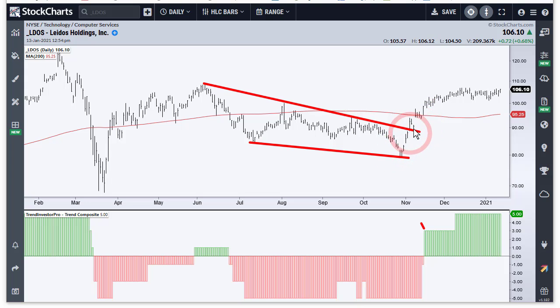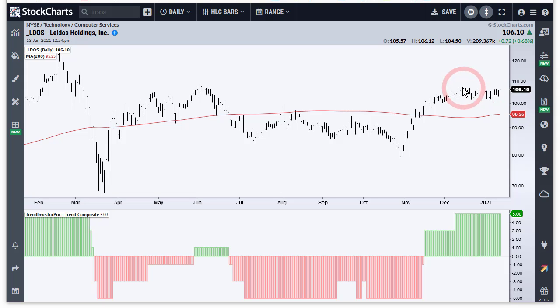And so what we've got is a big advance here and then a consolidation after the advance. It's like a little flag pattern is forming. I'll redraw that better for you. There we go. So we have a big advance and a consolidation, and that makes it a bullish continuation pattern, and it looks like it is breaking out and poised to move higher. And if it moves below the lows there, that would call for a reevaluation.